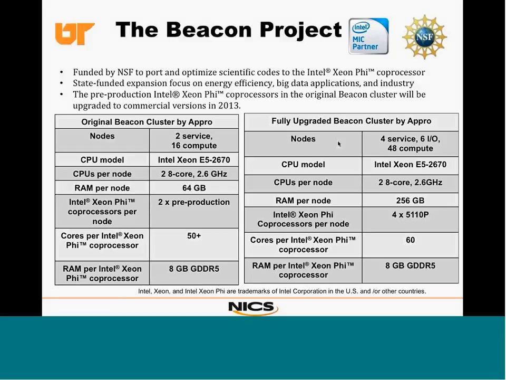So, a little bit about Beacon. Beacon in and of itself is a 38 compute node Cray. Now, we bought it with Appro and delivered it as a cluster solution. They are each equipped with two 8-core Sandy Bridges at 2.6 gigahertz.